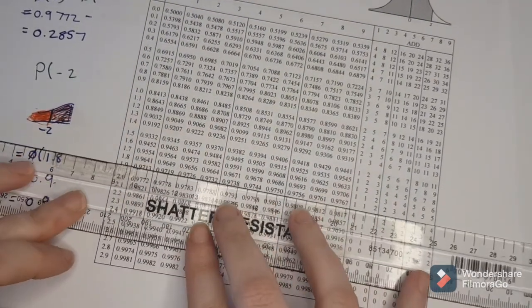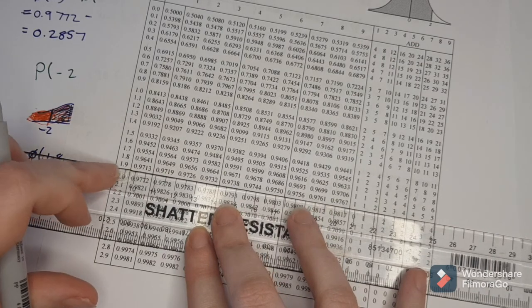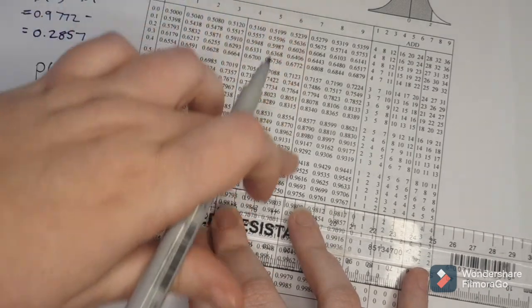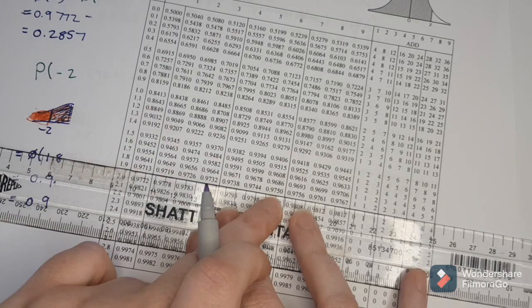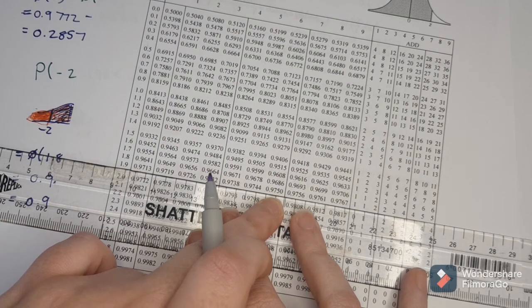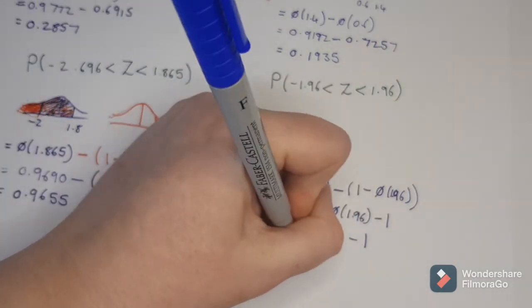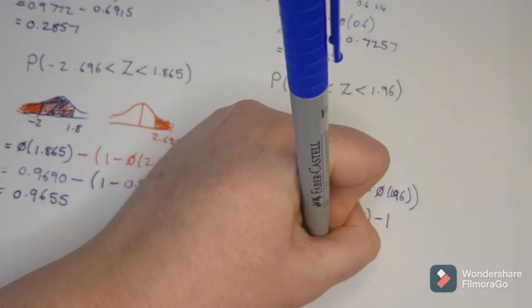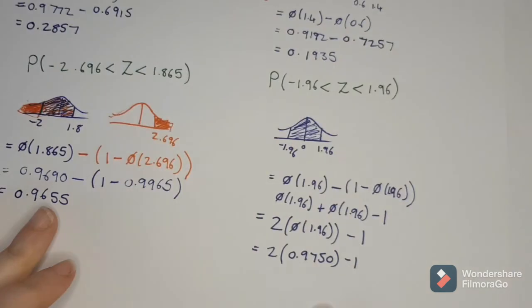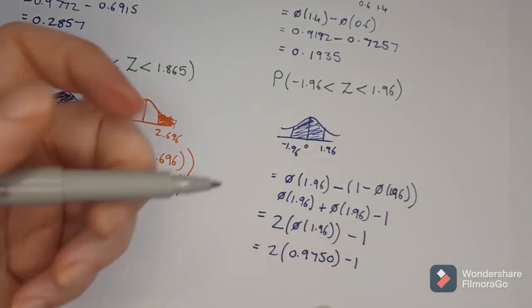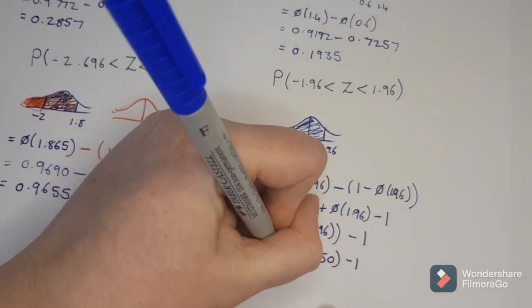So 1.9, I find it along there. And then 6, I get 0.9750. So I've got 0.9750. Okay, 2 times that minus 1 gives me a final answer of 0.95.